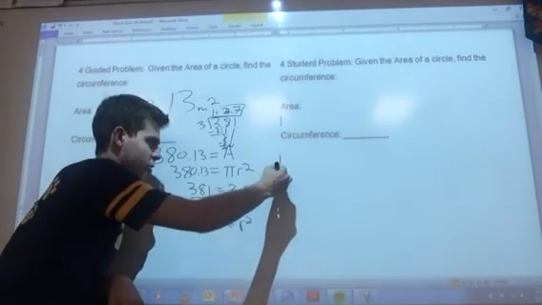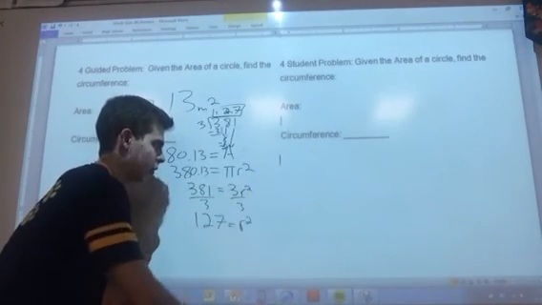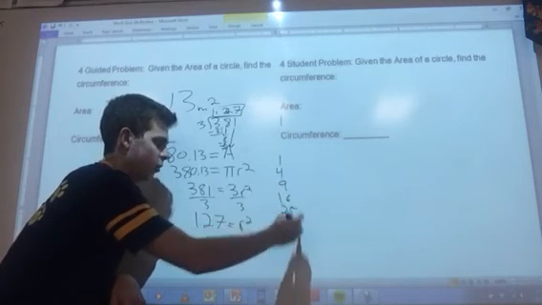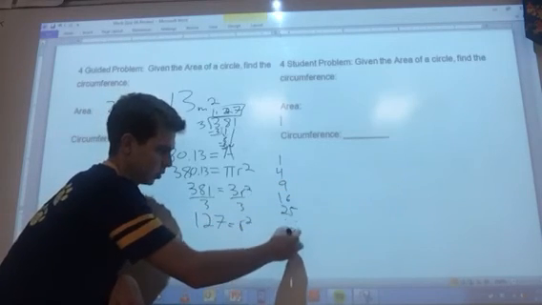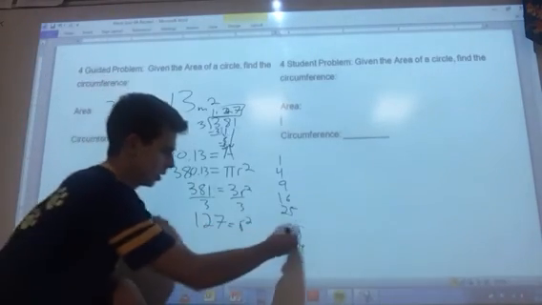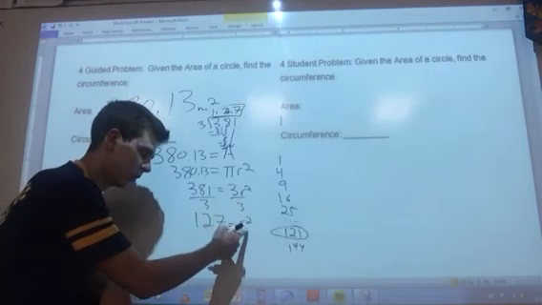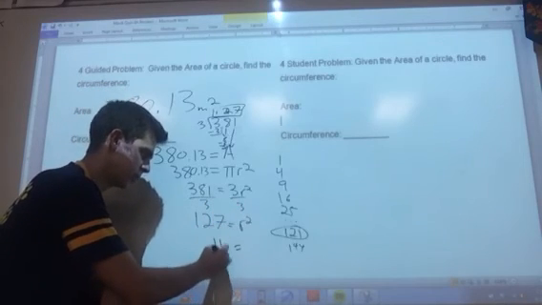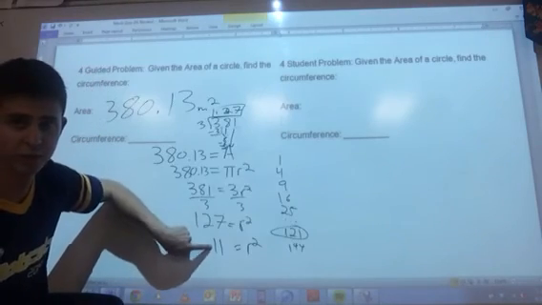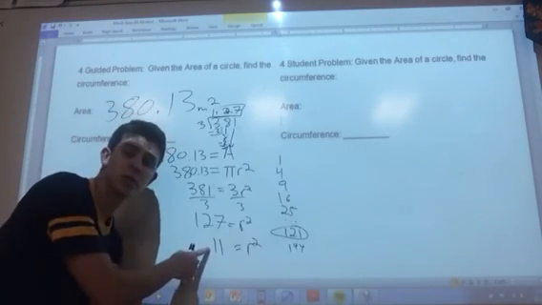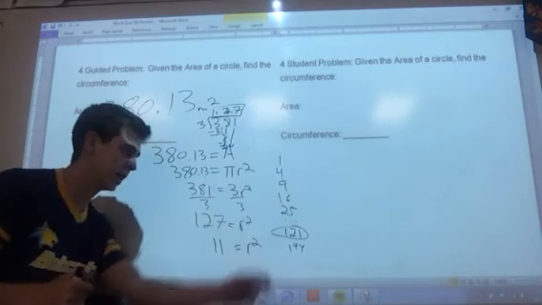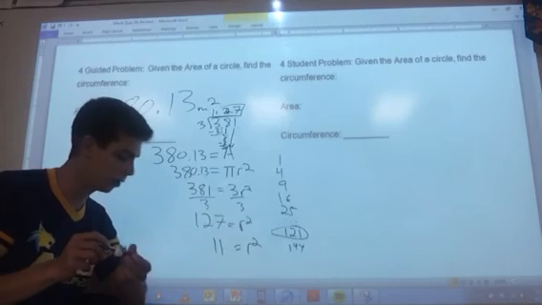Well, there's 1, 4, 9, 16, 25, all the way down, and there's 121 and 144. It seems like it's going to be closest to 121. So I know that the square root is going to be 11. I chose this because we did a lot of rounding up here, so we have to make our best educated guess that this is going to be the perfect square.